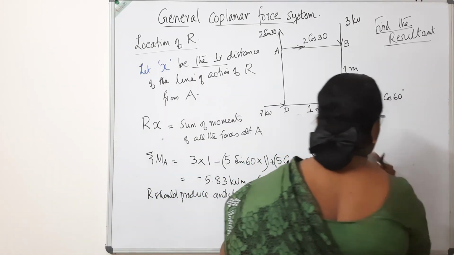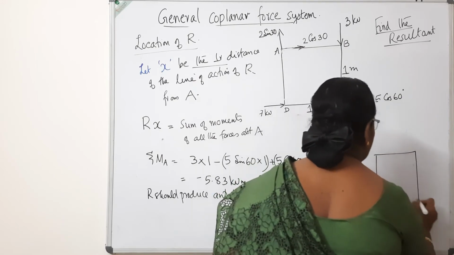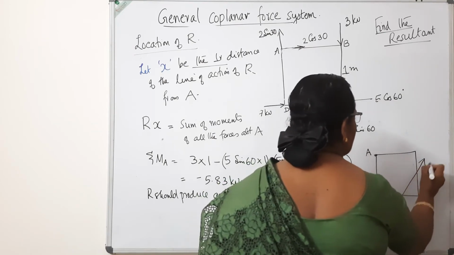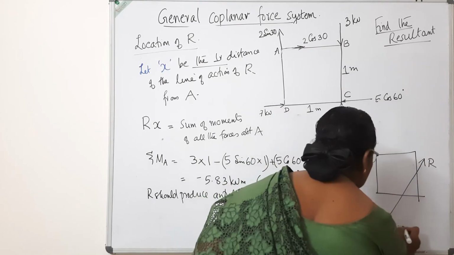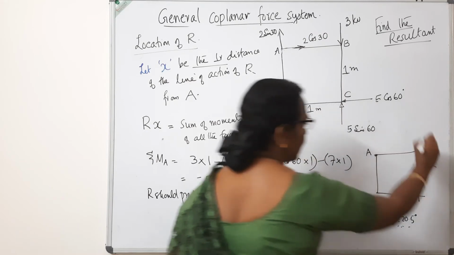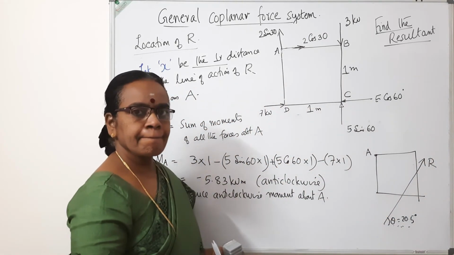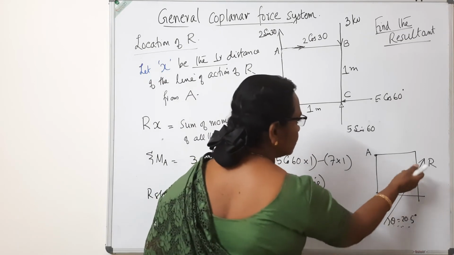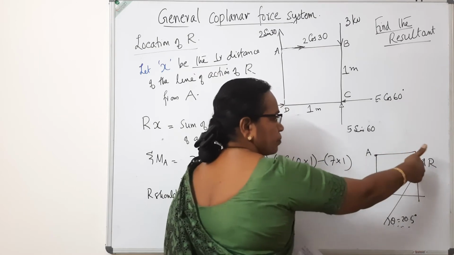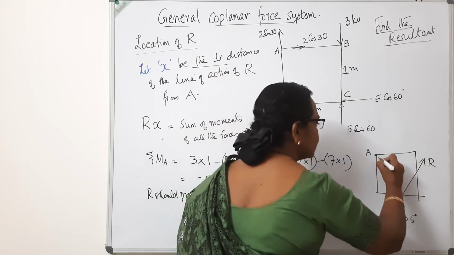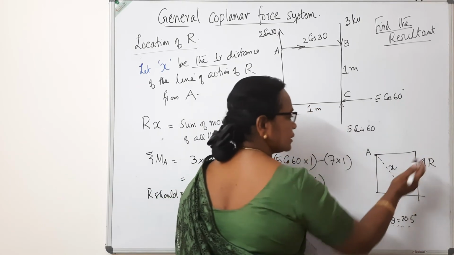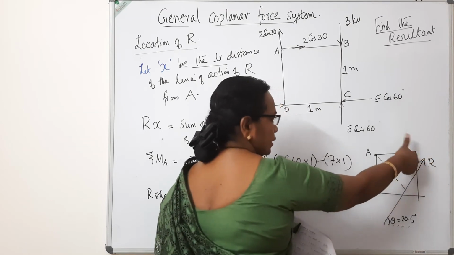So let us see now. Let us check. Say this is the square. This is point A. I told you the resultant can be in this direction. This is the direction of resultant, inclined at 20.5 degrees. So this is the line of action of the resultant. If it is below A, with respect to A, this R into X will produce anti-clockwise moment. So if the resultant is below the point A and if it is oriented like this, that will produce an anti-clockwise moment.